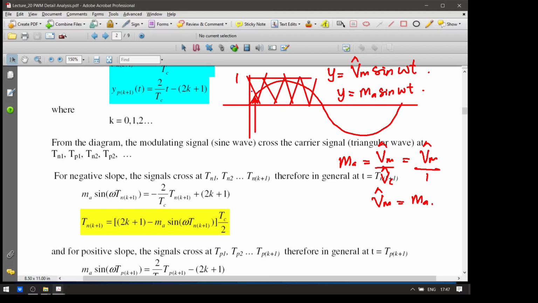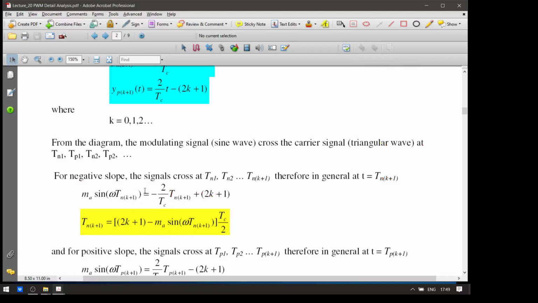If you want to get the intersection between these two lines, we need to equate them, and therefore we have these two equations. This one is from the sinusoidal modulating signal, Ma sine omega t, and this is the general equation for the negative slope, minus 2 over Tc t plus 2k plus 1.